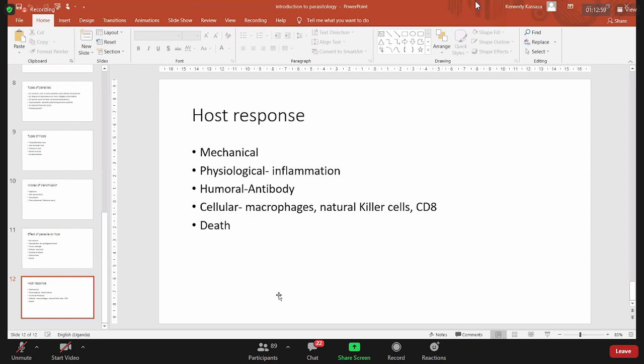And then we can also have cell-mediated immunity in the form of macrophages, natural killer cells, and CD8 cells. Sometimes the host may be overwhelmed and it dies.